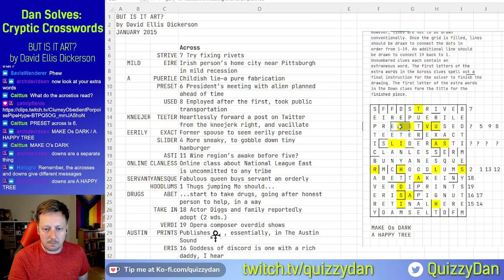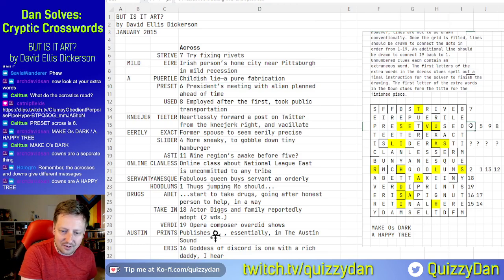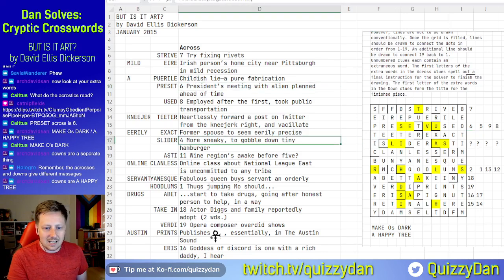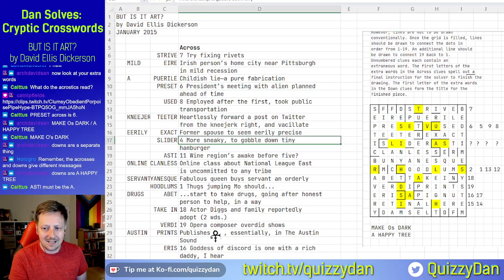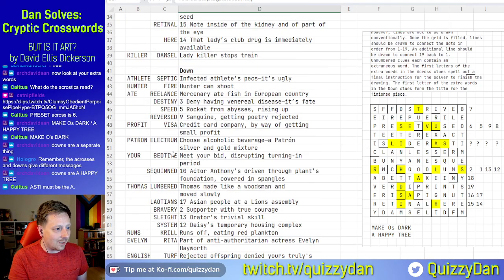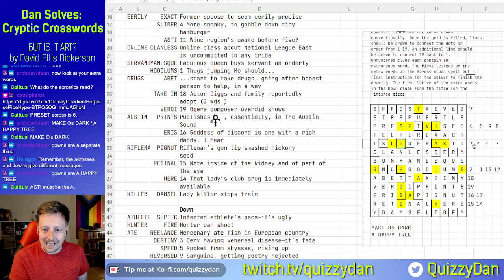That hasn't been given one, so that is number 6 there. So slider is 4, so one of those is 4. Do we have destiny? Oh yeah, Asti must be the A, you're quite right. So Asti is 11, which means sequined must be this one.